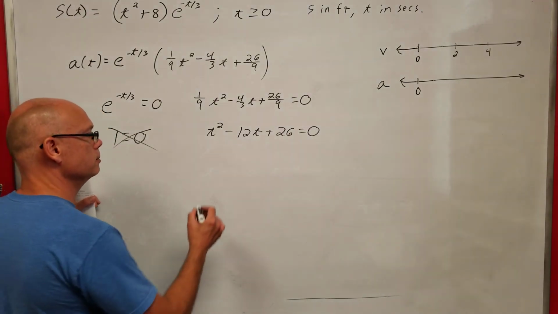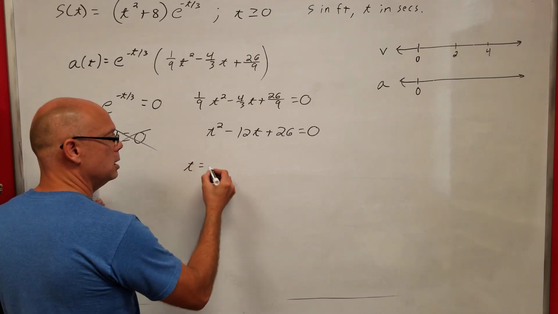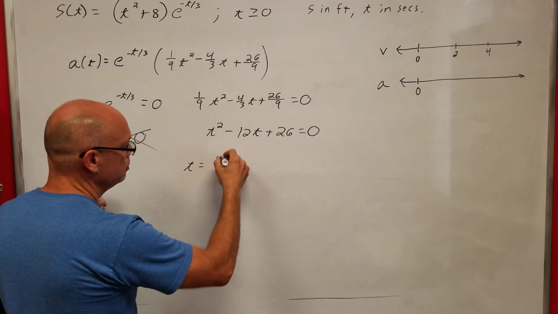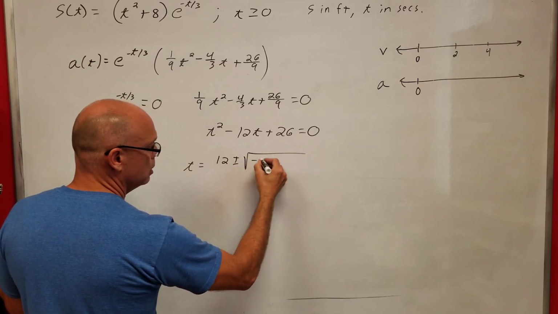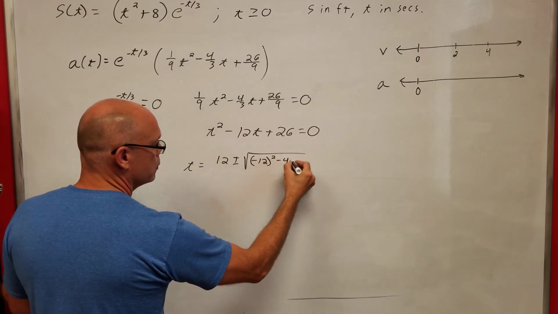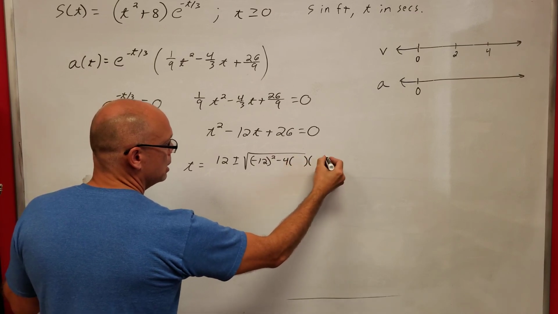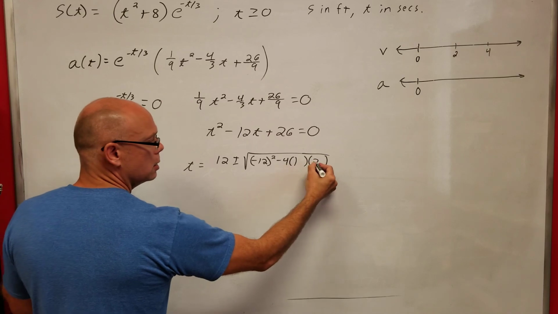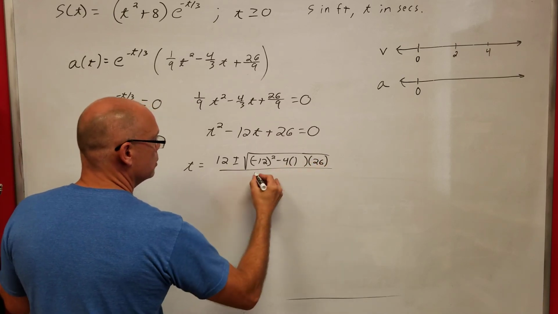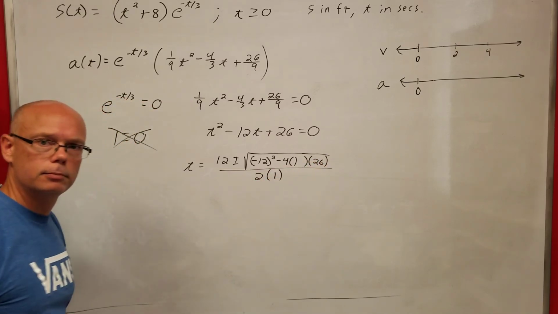Quadratic formula. So t is equal to negative b plus or minus the square root of b squared minus 4 times a times c. What's a? 1. What's c? 26. All over 2 times a. Make sure you got that.